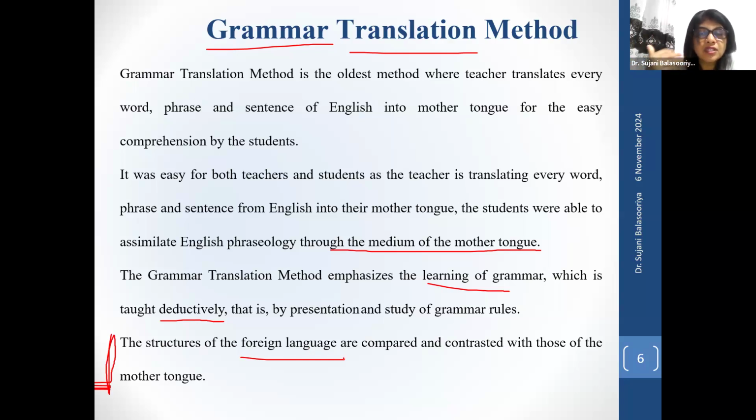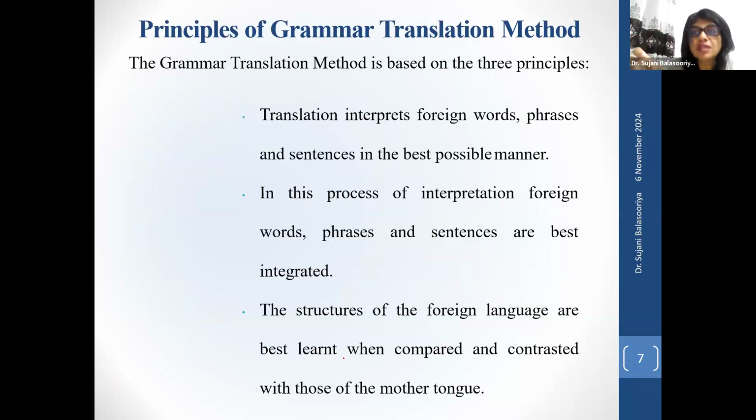Actually, grammar structures are taught to the learners through comparison. Comparison and contrast are there. So the teacher is paying attention to these differences between the mother tongue and the target language while teaching grammar. So the learners have the chance to get a very wide knowledge about the grammar structures if the teacher uses GTM.